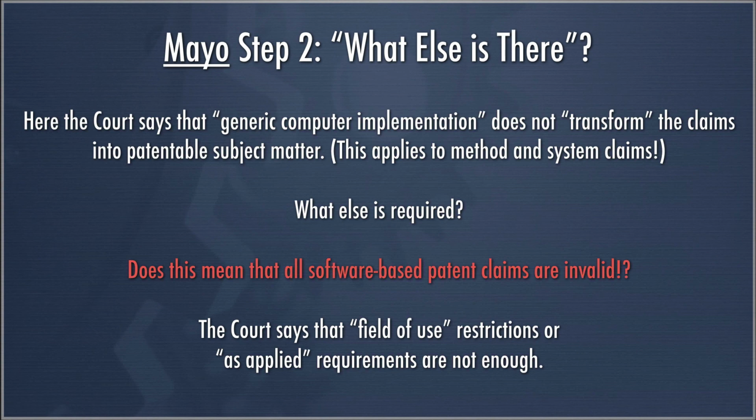So even if you say in your computer software claim that it's limited to the field of medical diagnostics or something like that, that's not going to be enough. And then saying you're applying it to a particular field isn't going to be enough either. So I think there's a real concern that Alice, if read that way, is likely going to be the death knell for many, if not all, software patents.